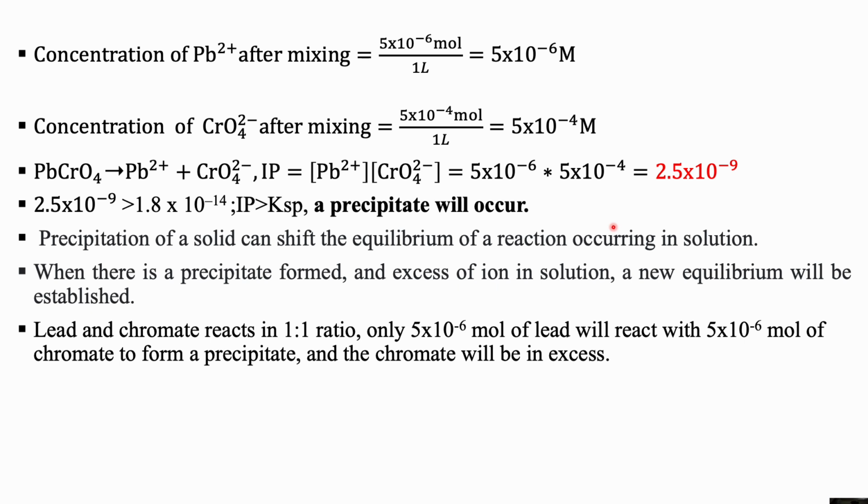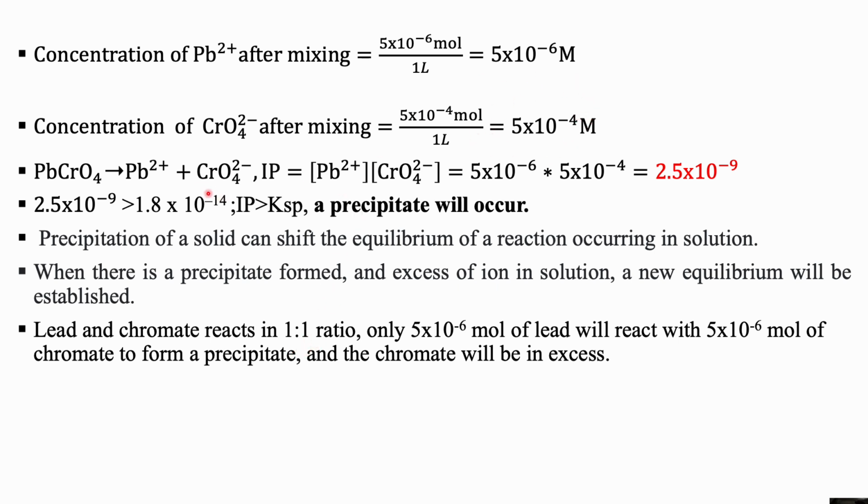So here we have the concentration of lead and the concentration of chromate. If you check, the concentration of lead is the one which is less, and we have the higher concentration of chromate.